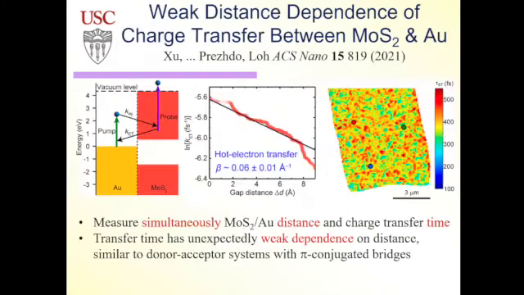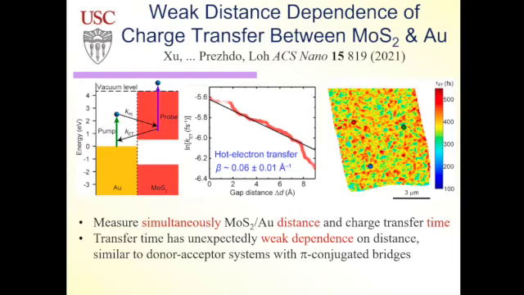A couple more. So this is now a collaboration with Jihan Lo in Singapore. He has time resolution, spatial resolution, and force, AFM, some laser, and some microscopy. So he reports the rate of charge transfer from gold that he excites into the semiconductor, again MoS2.